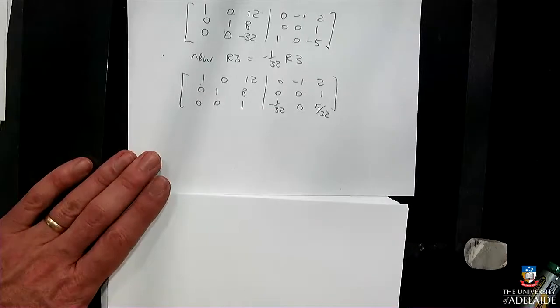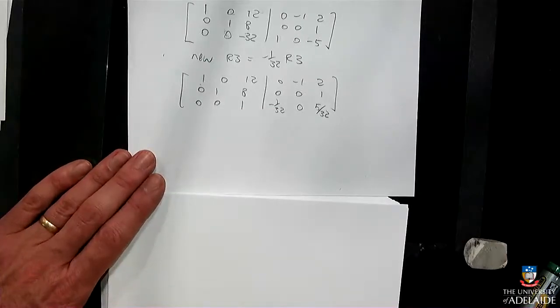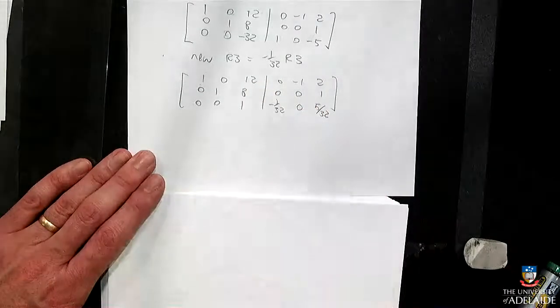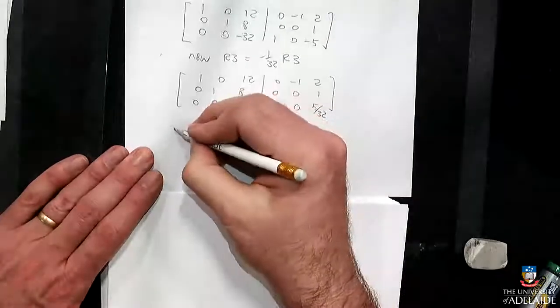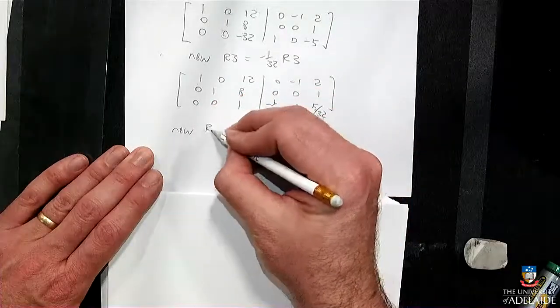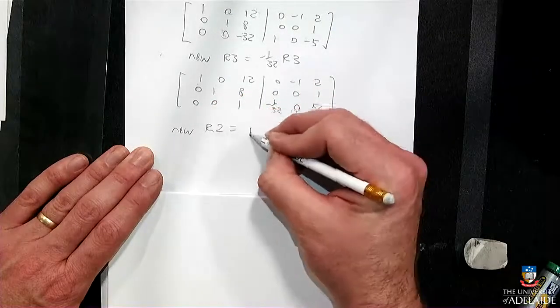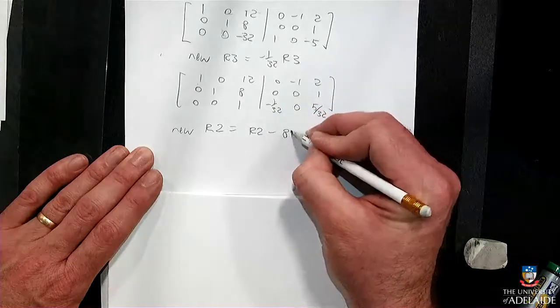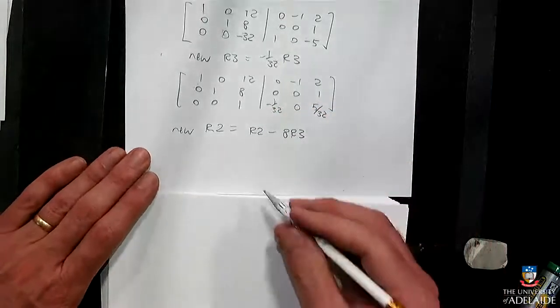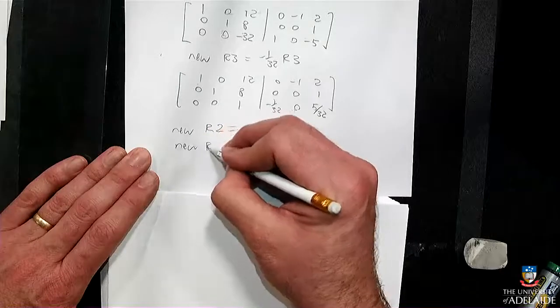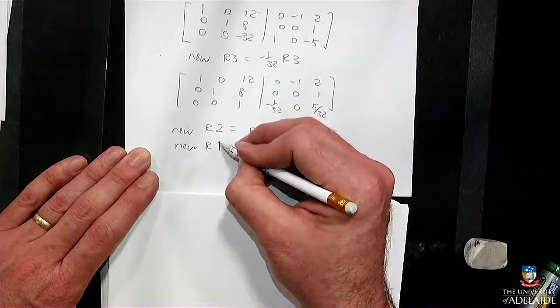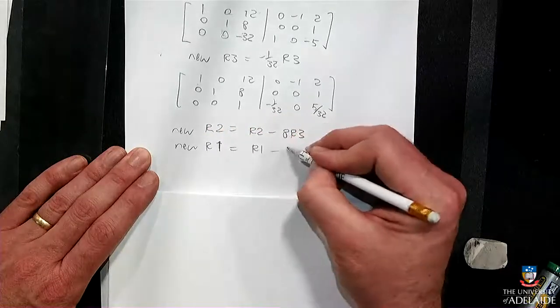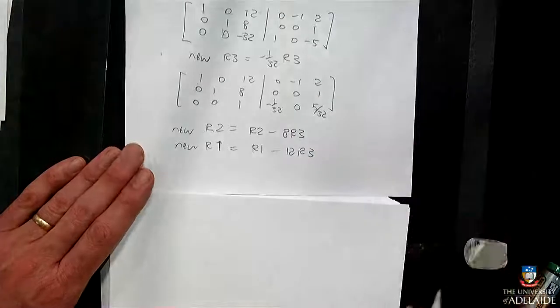So now I'm going to clear these two. I'm going to do new row 2 is the old row 2 minus 8 of row 3. And I'm going to do new row 1 is the old row 1 minus 12 of row 3.